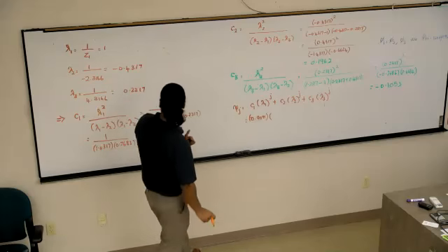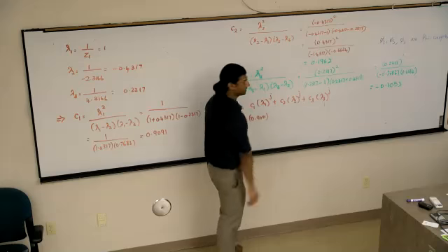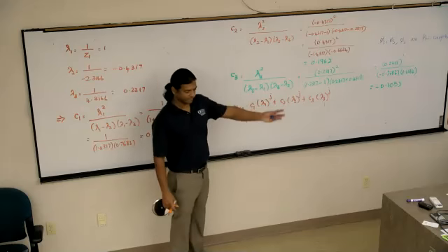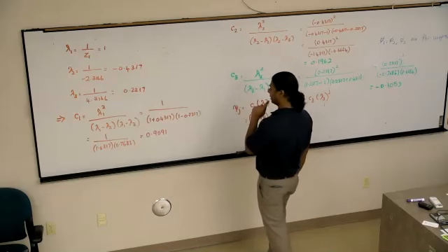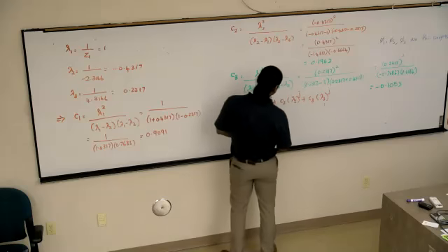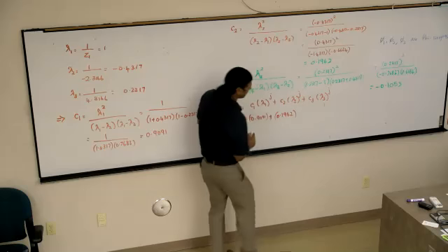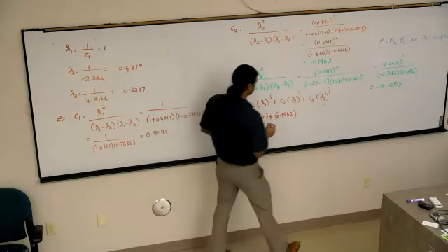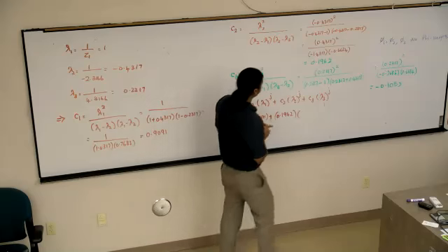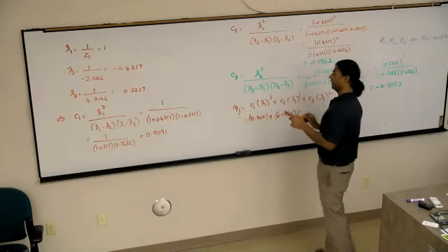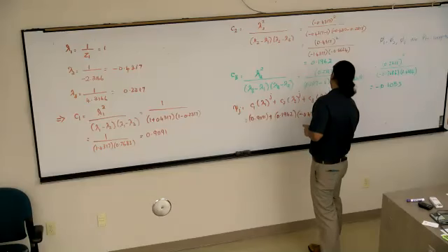Lambda 1 raised j, lambda 1 is just 1, so I'm going to leave it as is. Right? 1 raised any power is just 1, plus C2 is 0.1962 multiplied by lambda 2 raised j. Lambda 2 is negative 0.4317.